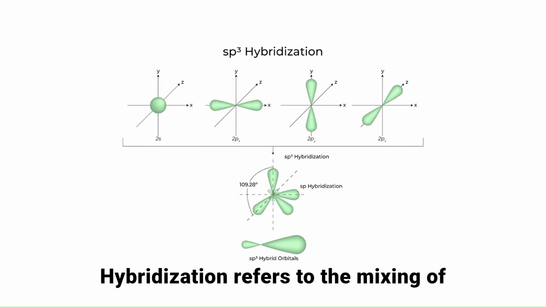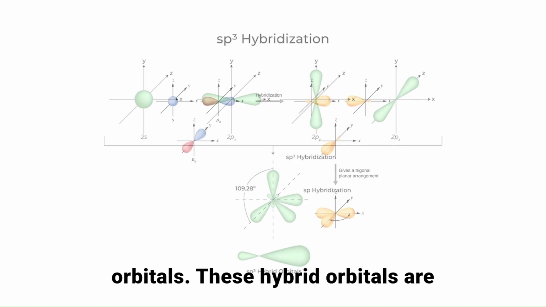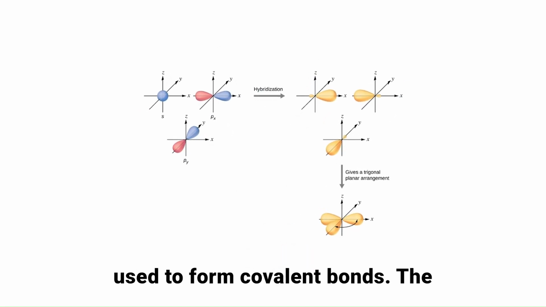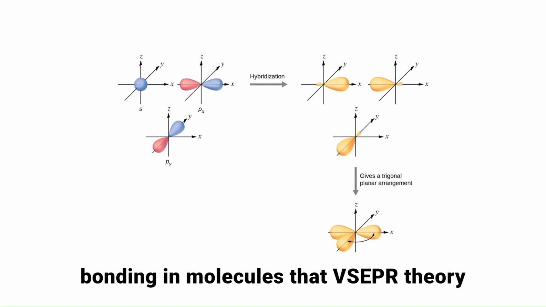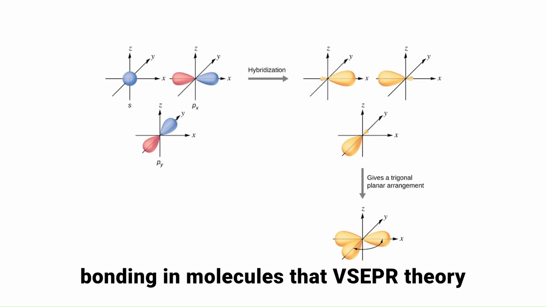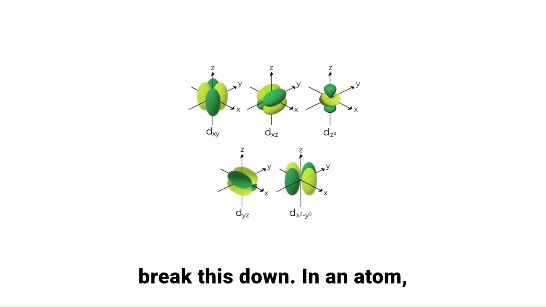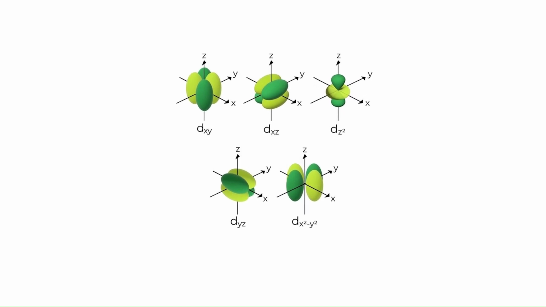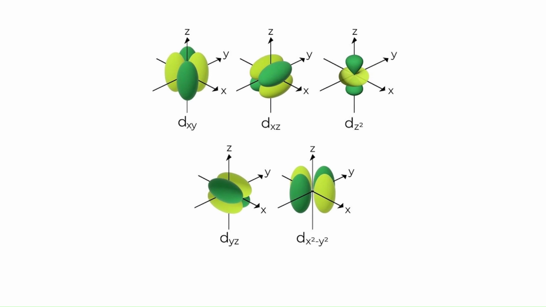Hybridization refers to the mixing of atomic orbitals to form new, hybrid orbitals. These hybrid orbitals are used to form covalent bonds. The concept was introduced to explain the bonding in molecules that VSEPR theory alone couldn't fully describe. Let's break this down. In an atom, electrons are arranged in different orbitals like s, p, and d.